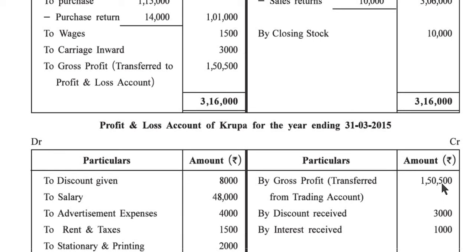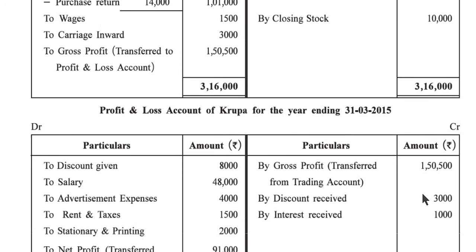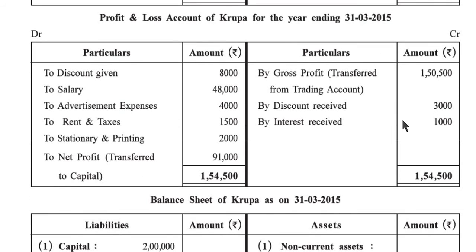So this amount first of all we write here, and if any income is there, then we have to write it on the credit side of profit and loss account, and if any expenses are there, then we have to write them on the debit side, because we know that profit and loss account is a nominal type account. So when there is an expense, we write on the debit side, and when there is income, we write on the credit side.